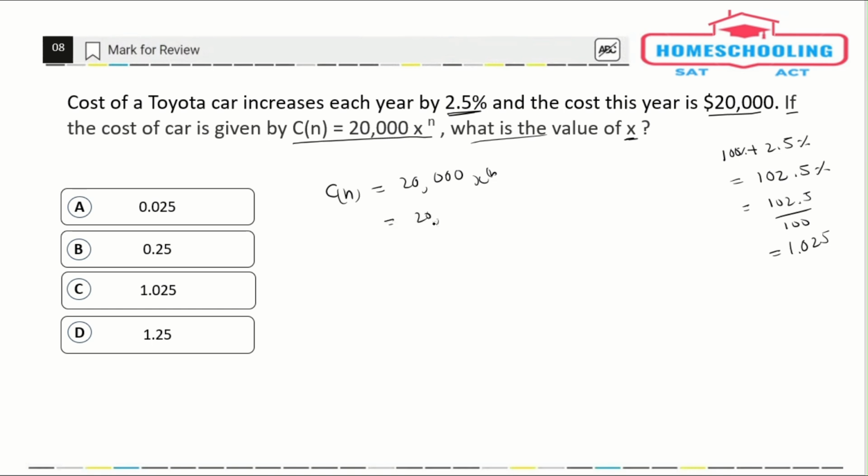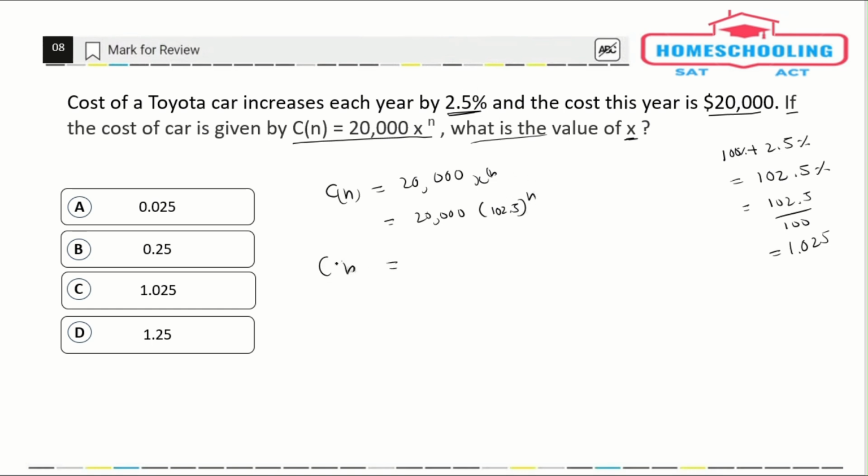So 20,000, and the percentage increase every year is 100 plus 2.5%, that is 102.5%, to the power n. If it is increased for n number of years, like 2 years, then it would be 2. If for 3 years, it would be 3.